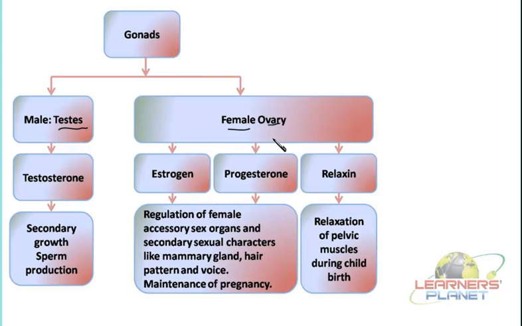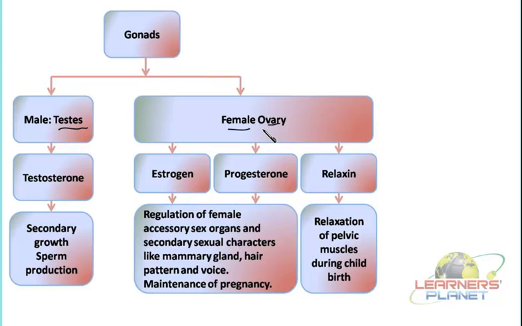Now the ovaries, like the testes in the male, are involved in secondary growth, here in the female organism. So the hormones produced by the ovary support the growth in a female organism.